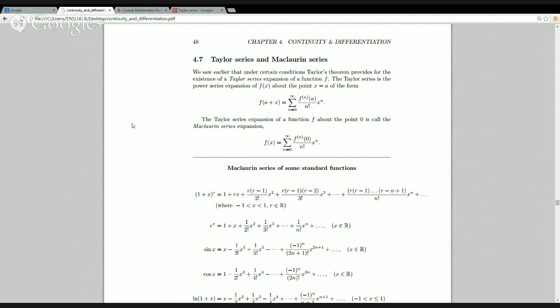So power series refers to a function defined by an infinite series, i.e. something of the form f of x, it's a function of x. An infinite polynomial series in the variable x for the function.